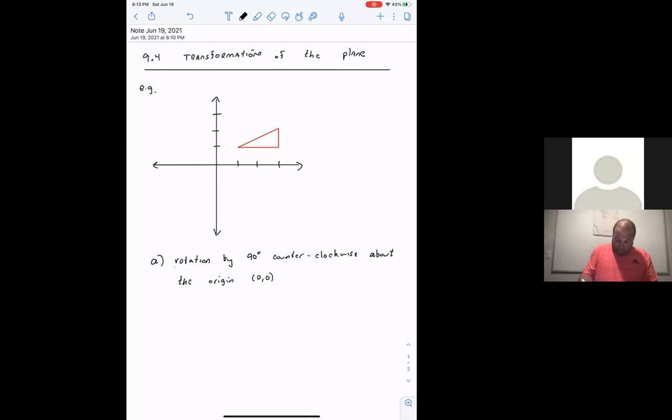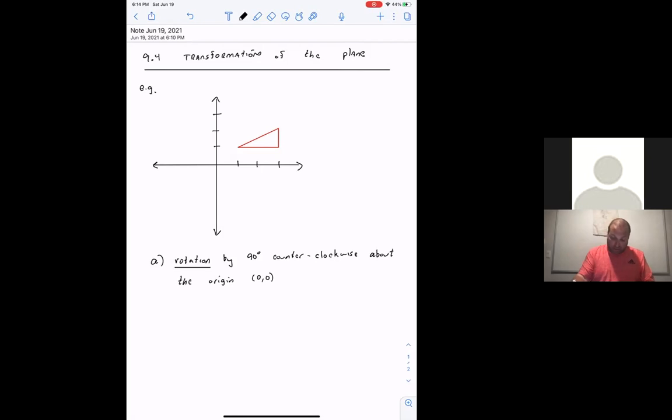So the first of our transformations is a rotation. We want to rotate this object. Now, I don't mean take the triangle and rotate the triangle where it is. That is its own transformation that we're not worrying about.